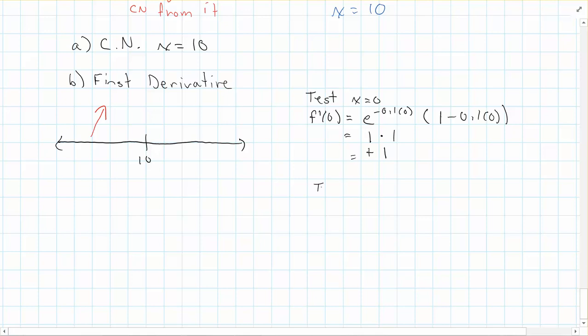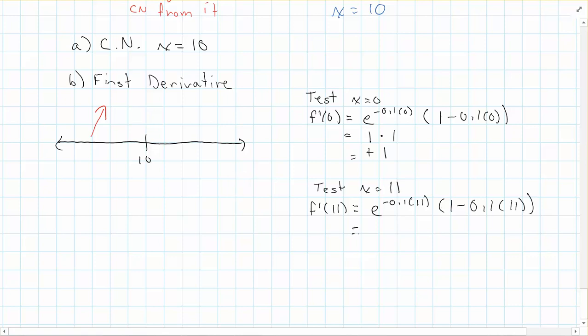So I'm just going to go ahead and test x equals 11. And so we'd have f prime at 11 is equal to e to the negative 0.1 times 11 times 1 minus 0.1 times 11.